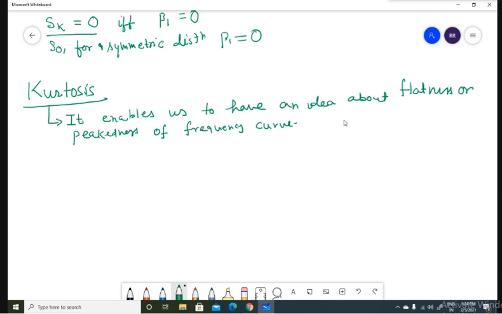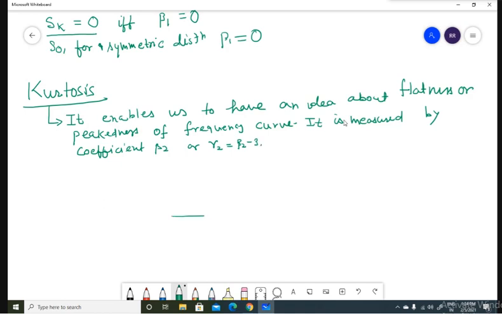It is measured by coefficient beta 2 or gamma 2, which is equal to beta 2 minus 3.